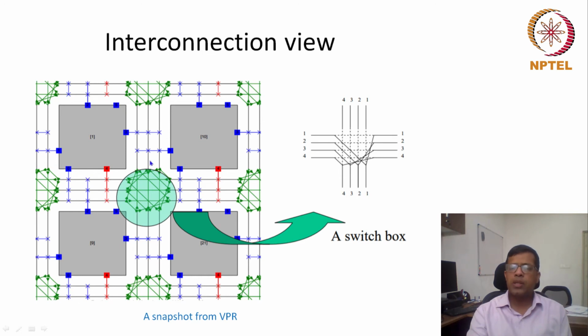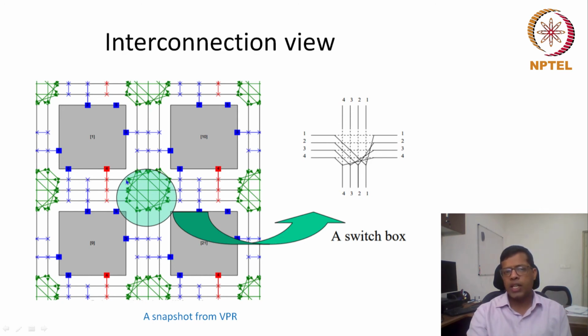Now this particular connection is simpler in nature. We are calling it a connection box, where an input would be connected to some of the channels. On the other hand, a switch box would be connecting more wires. There would be some horizontal wires and some vertical wires, and it would like to connect to these horizontal as well as vertical wires.